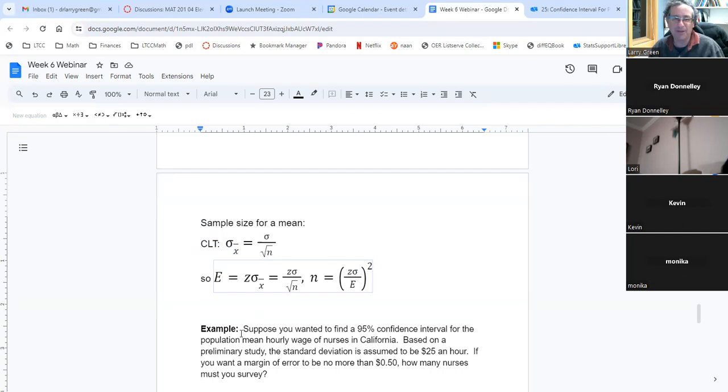Okay, so here's an example. Suppose you want to find a 95% confidence interval for the population mean hourly wages of nurses in California. Based on a preliminary study, the standard deviation is assumed to be $25 an hour. Okay, that's kind of a guess. If you want a margin of error to be no more than 50 cents, how many nurses must you survey? Any questions on the question?